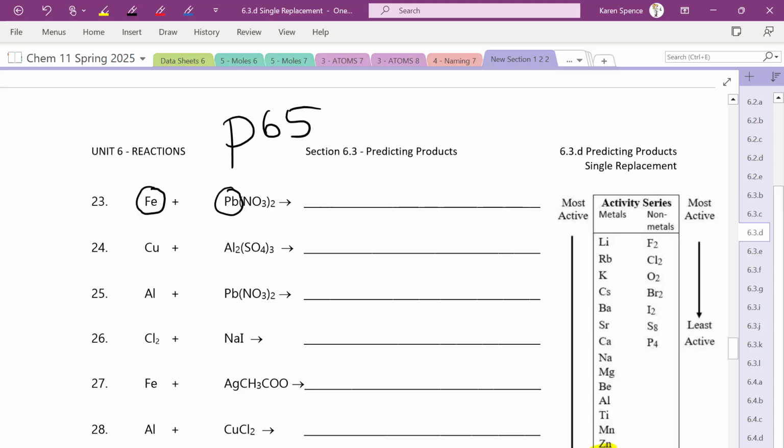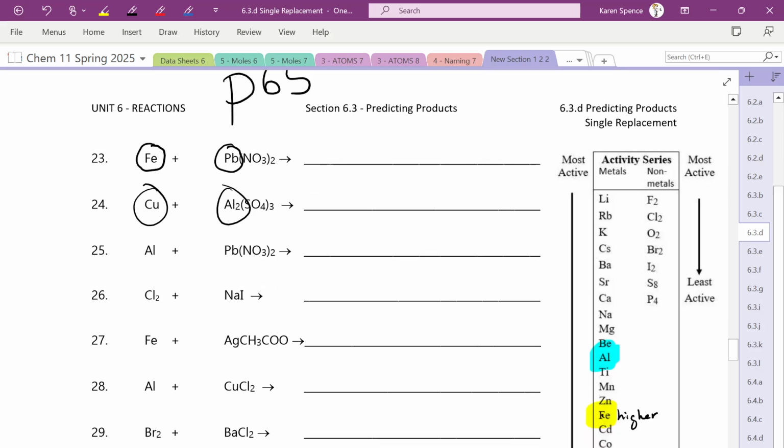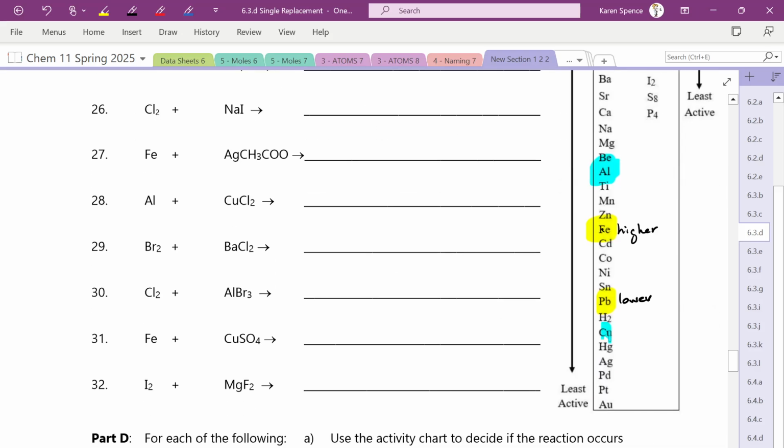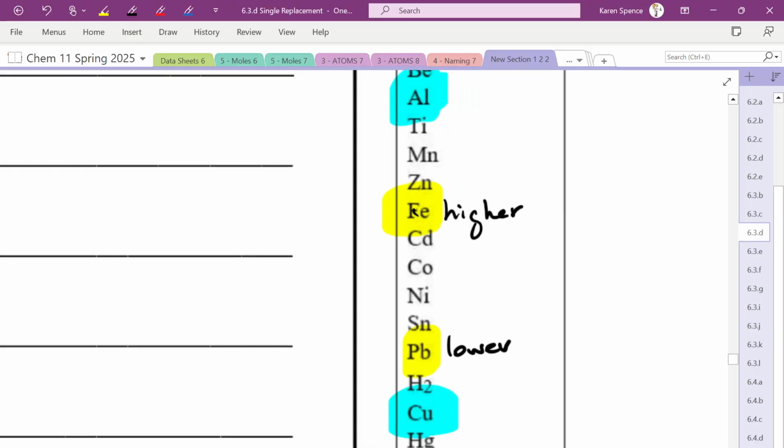So this one you would have to actually predict the product. So go ahead and you can do that. But we're just going to take a look at number 24. Number 24, can copper kick out aluminum? So here is aluminum. And here is copper. Can copper kick out aluminum?